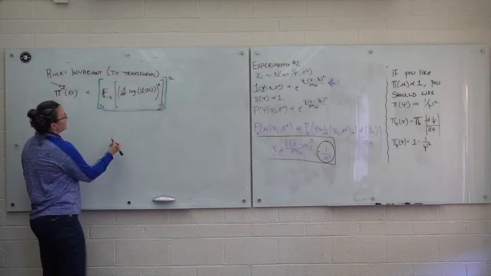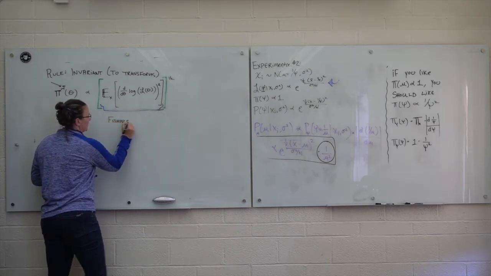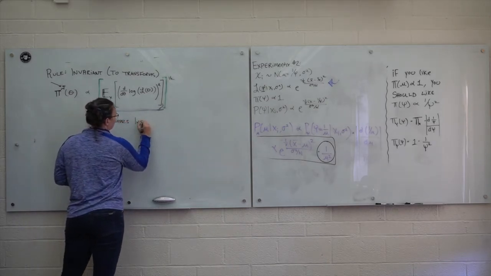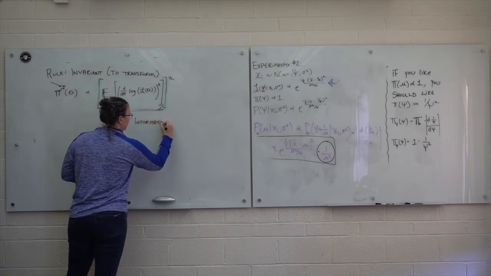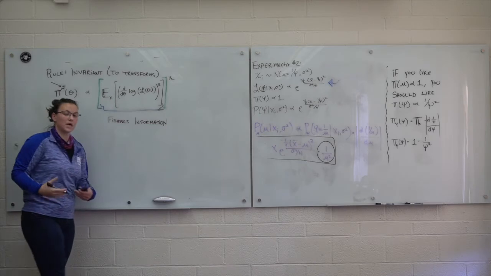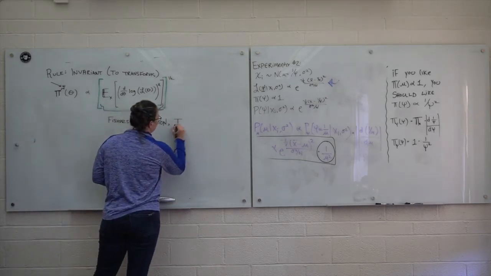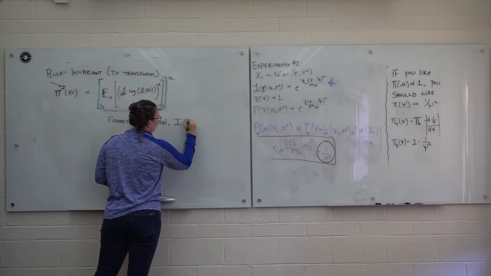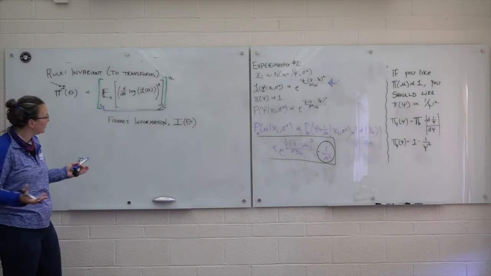Okay? This quantity right here is known as Fisher's information. A lot of times, it's also denoted by I of theta, because that is the parameter we're denoting right now.